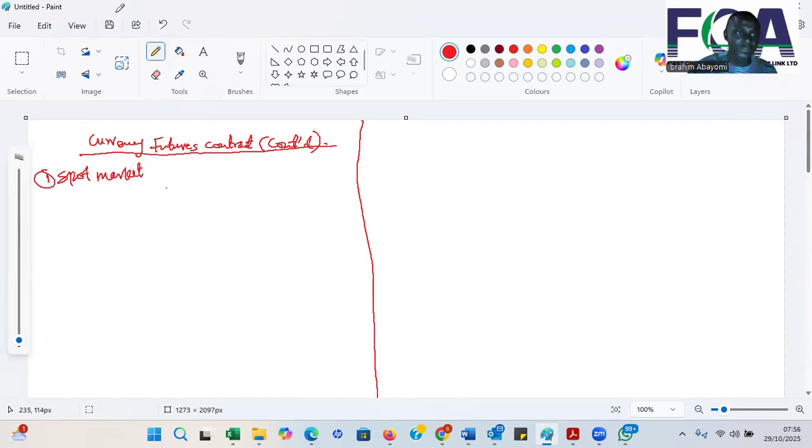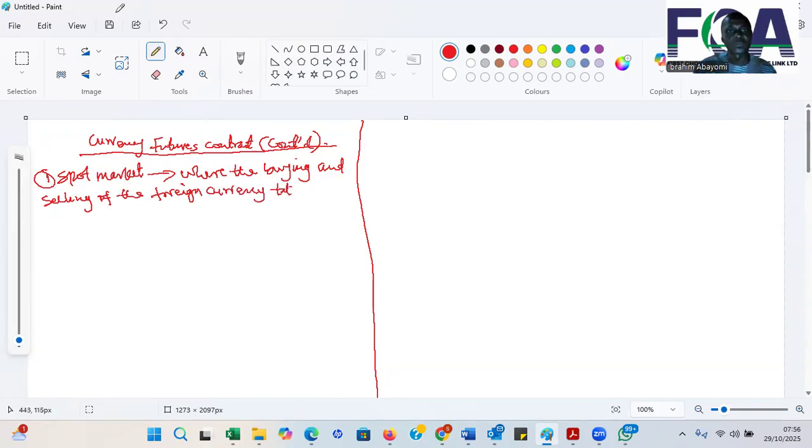The spot market is where the buying and selling of the foreign currency takes place. That is spot market.